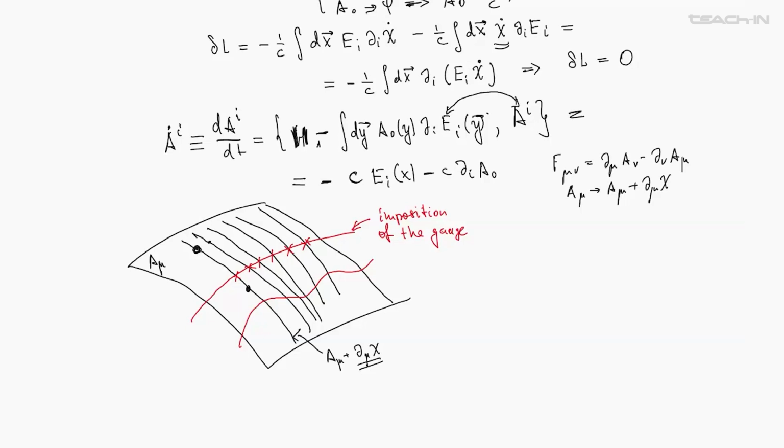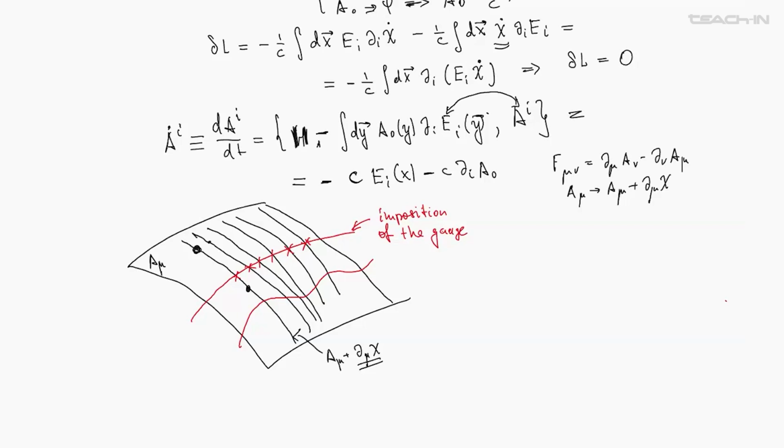But sometimes it's possible to impose the gauge in such a way that there will still be redundant gauge transformations left over, which do not destroy your gauge choice. So the idea is that, of course, all complete gauge choices, which are well defined, should lead to one and the same physics. They can be different, but they should imply one and the same physics.